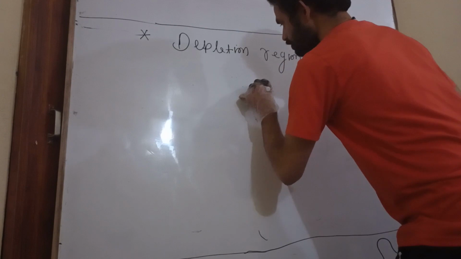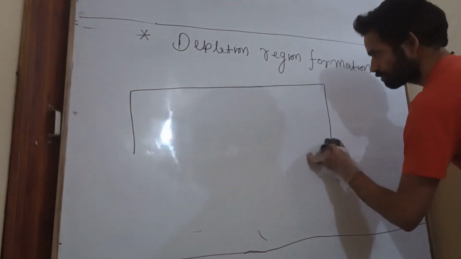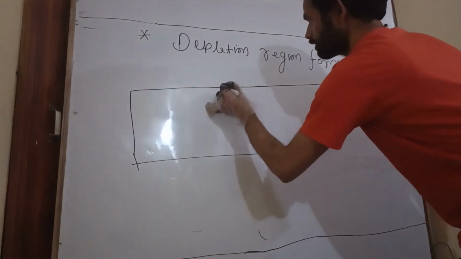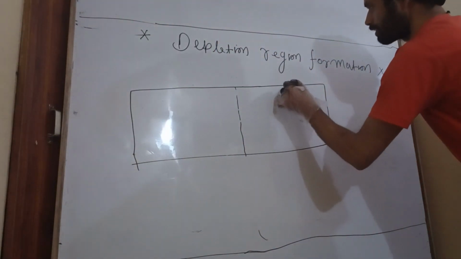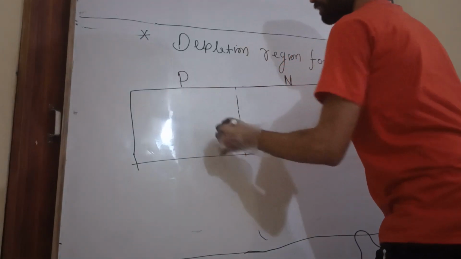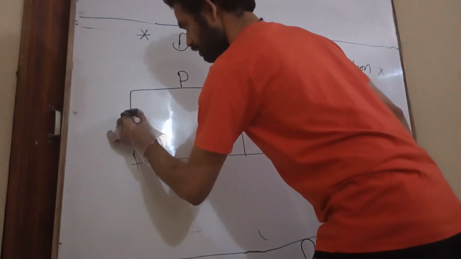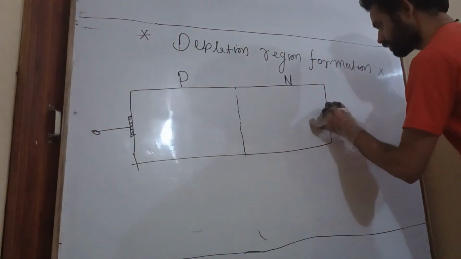Once diffusion starts, here is my junction, this is my N region, and this is my P region. Here is my metal contact, and this lead is open circuited.